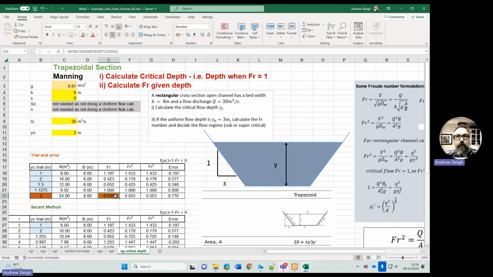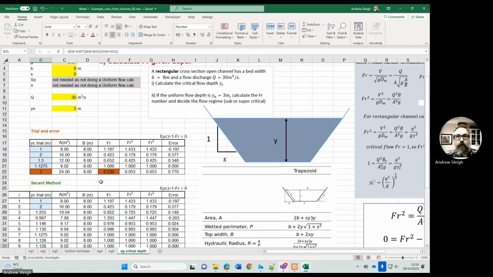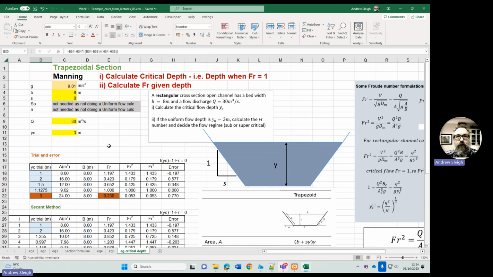So 0.23 is less than 1, so it's subcritical flow. So the answer there is that it's subcritical flow. And we know that also because we've got a 3 here and we've got a 1.2. So that's deeper than 1.2, the critical depth. Okay, we'll see more about critical depth and normal depth comparisons later.